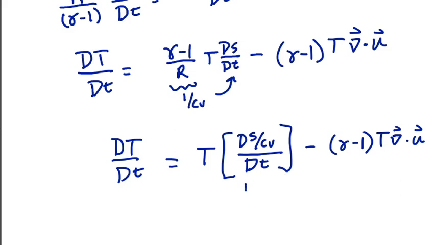This is dimensionless, as is gamma, meaning that all of the S over CV is dimensionless. So this has units of 1 over time, and all of the terms in the equation have units of temperature per time, our dT dt and our T div u.